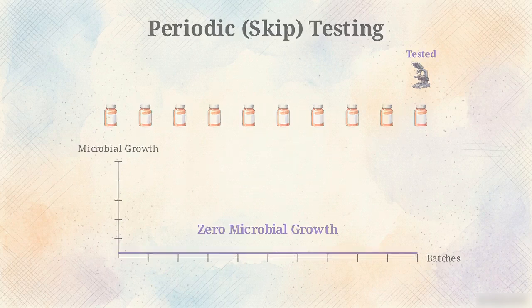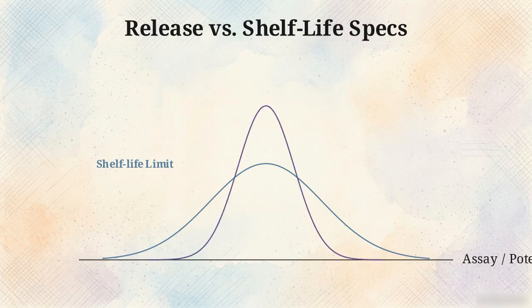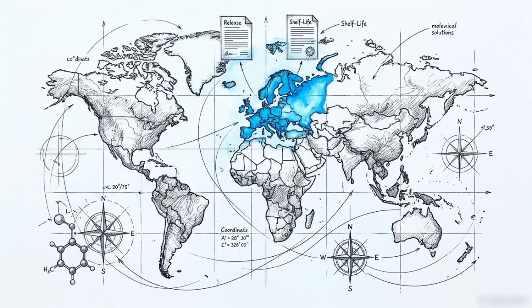This graph illustrates the strategy of release versus shelf life acceptance criteria. A manufacturer may establish a tighter in-house assay limit at the time of release. This provides increased assurance that the product will remain safely within the wider regulatory acceptance criterion throughout its entire shelf life. How this strategy is handled depends on regional harmonization.